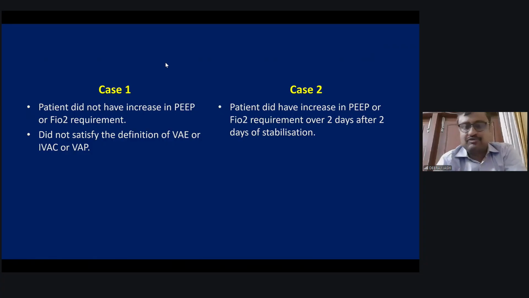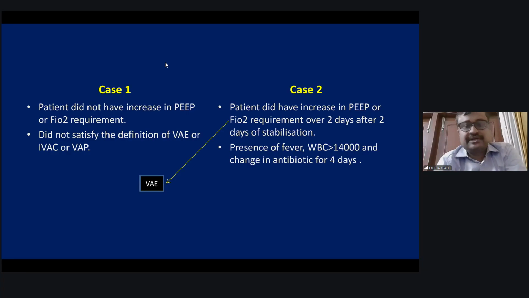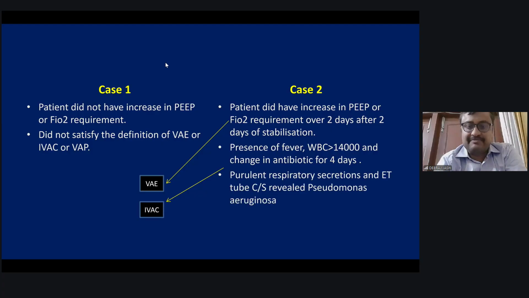But in case 2, because the patient has increase in PEEP or FiO2 requirement, I will call it a ventilator associated event, and because of presence of fever, WBC greater than 14,000, change in antibiotic for 4 days, IVAC. And later on, when purulent respiratory secretion came and ET tube culture revealed Pseudomonas aeruginosa, the same patient's diagnosis was changed to probable VAP.